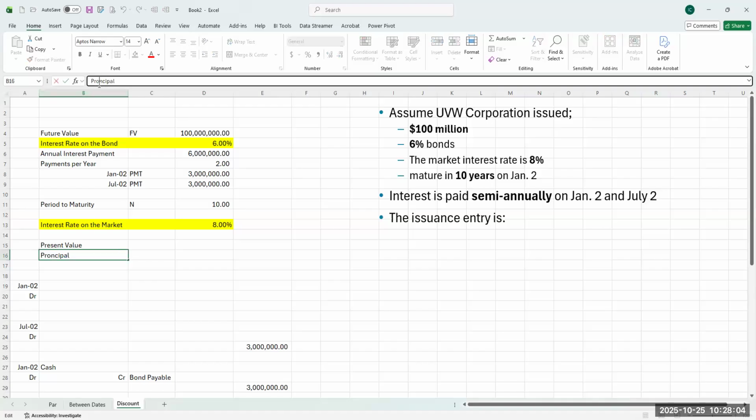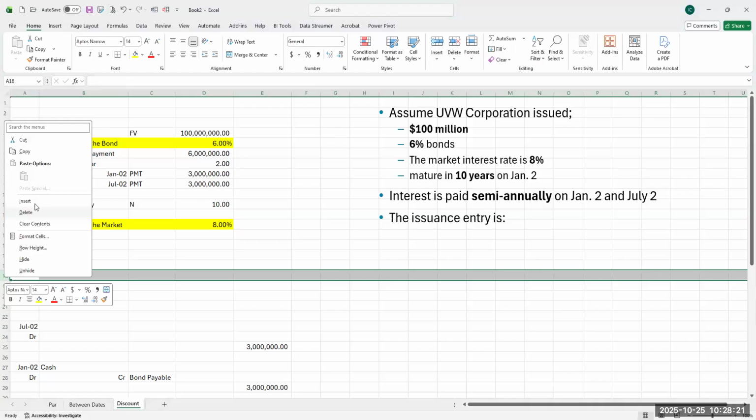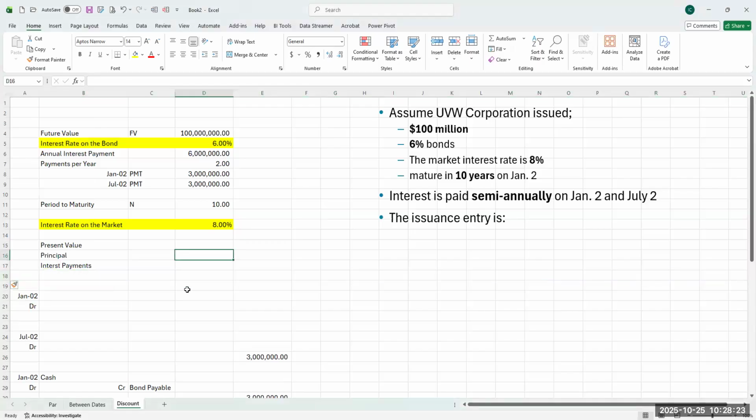And we're chasing the present value of the interest payments over the same period of time. Once we combine those two, we're going to get the present value of the bonds. Make sense? Now I'm going to start putting some abbreviations.